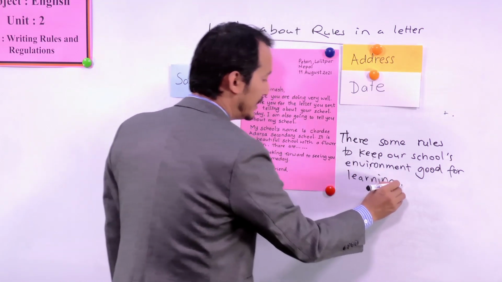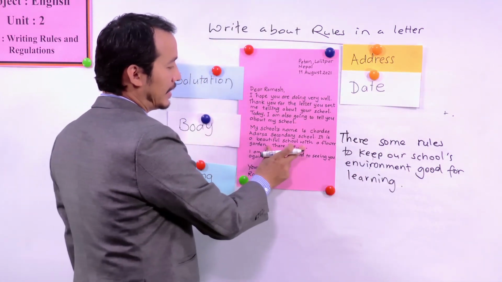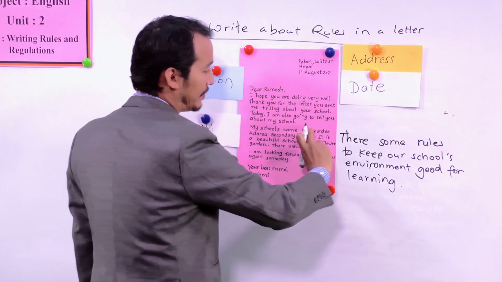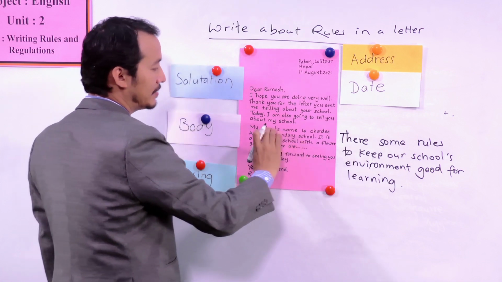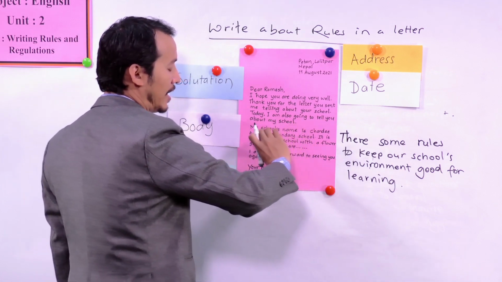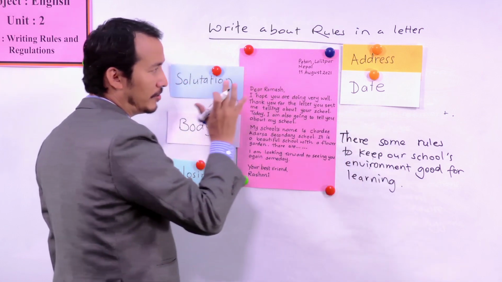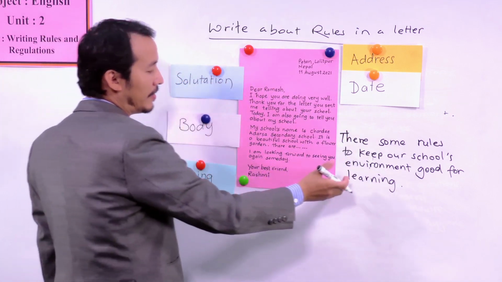Here I am inserting the information. The first paragraph and the second paragraph, I am writing the body part of the letter. In this body part of the letter, I am talking about my school, and then we are going to write the rules, school rules. So you have to include here.